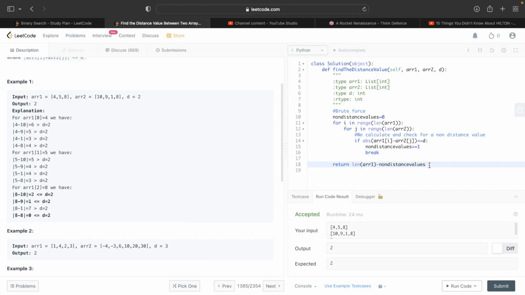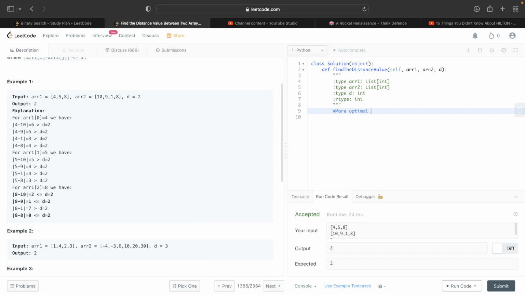So let's do this. The more optimal approach, we sort arr2. So arr2.sort, this is done in place. Then we iterate through arr1 and binary search arr2 for non-distance values.